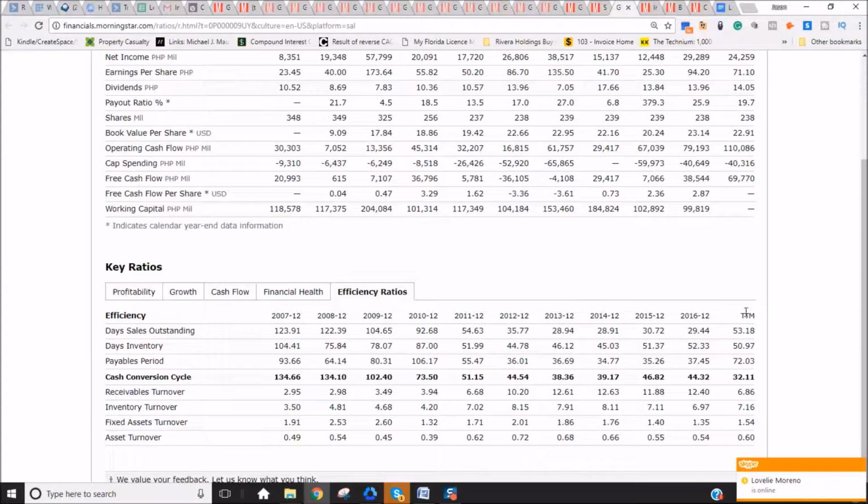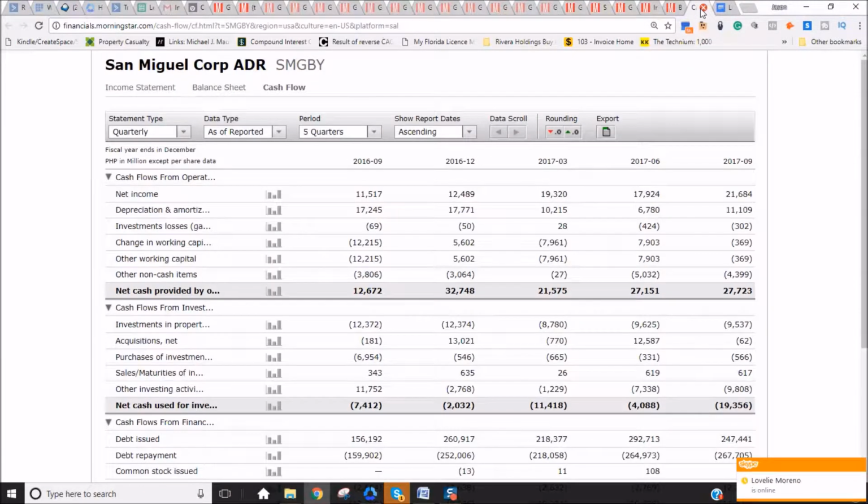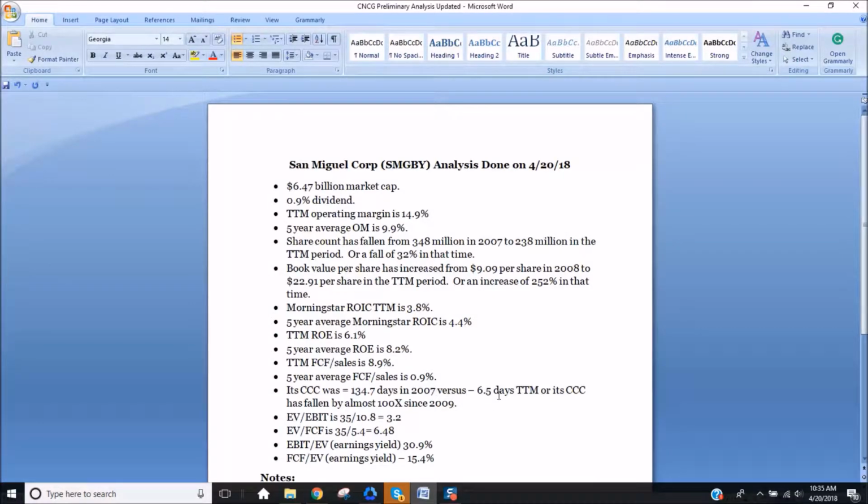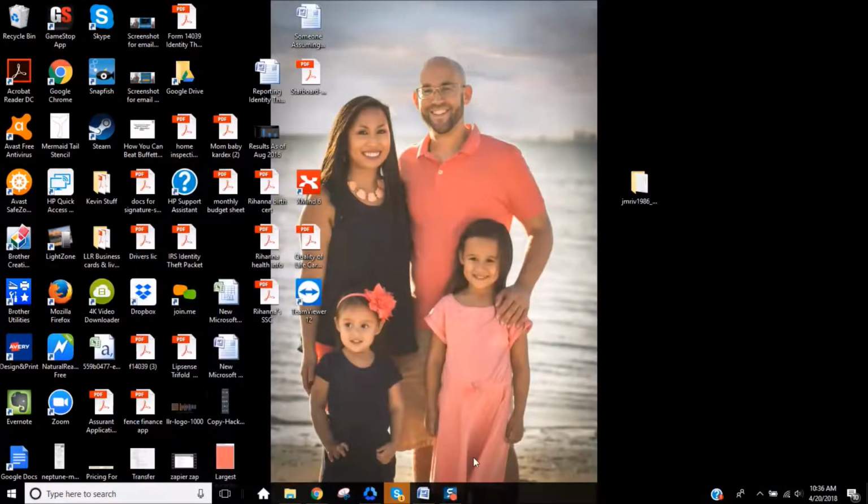Yep, 2007, so 32.1. 76.2%, which again is fantastic.